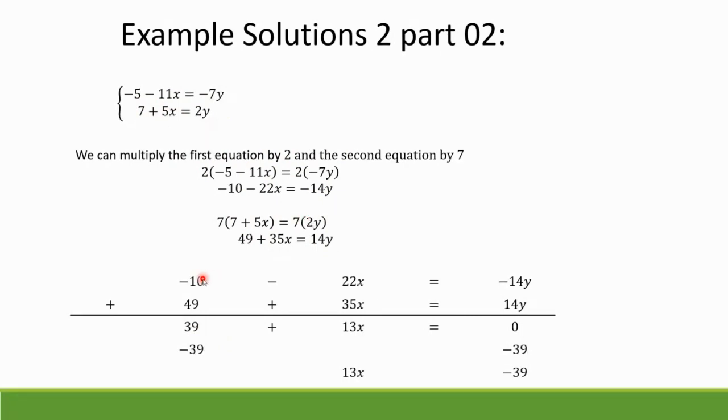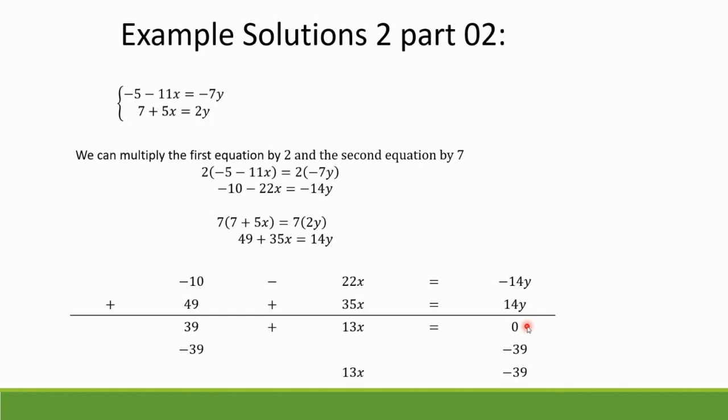But anyway, the 2 equations we have are these. And we can add them by combining them. The y is gone, and we have 13x. So we have 39 plus 13x equal to 0. We want to solve for x.